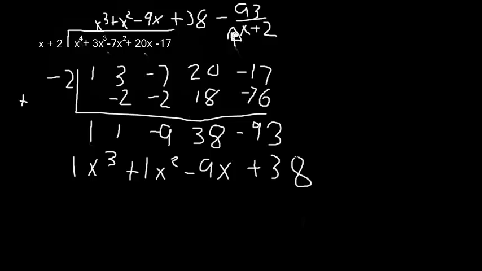I like it when it is because that means it factors. But if it's not, that means you got a remainder. So this number basically here is the remainder. So if it's 0, it factors with this value as a 0. Otherwise, it doesn't.